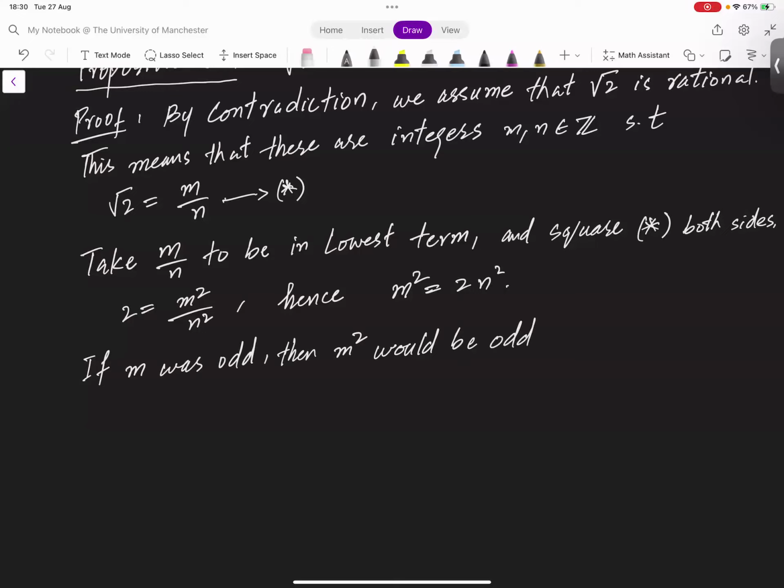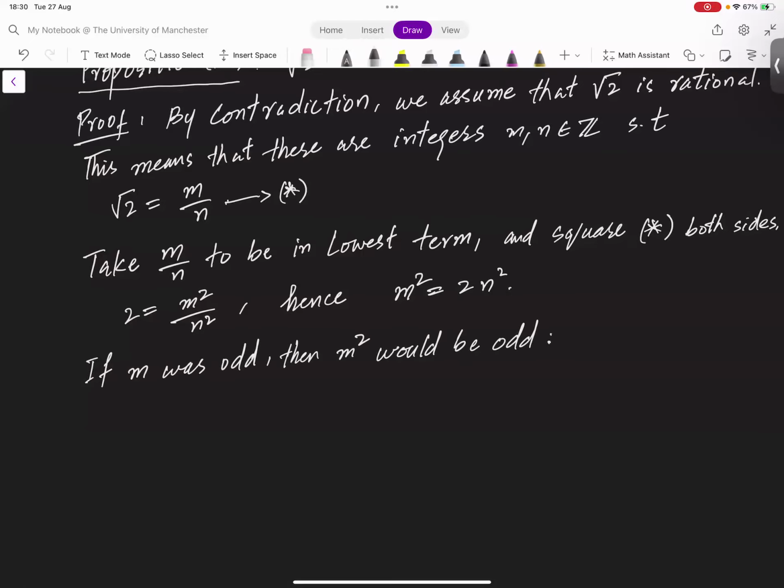We did it in the previous chapter. But m square is actually 2 into n square. From here it is clearly even, so this cannot be the case.